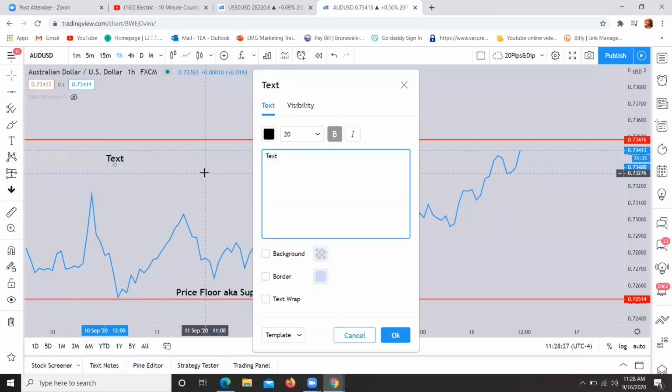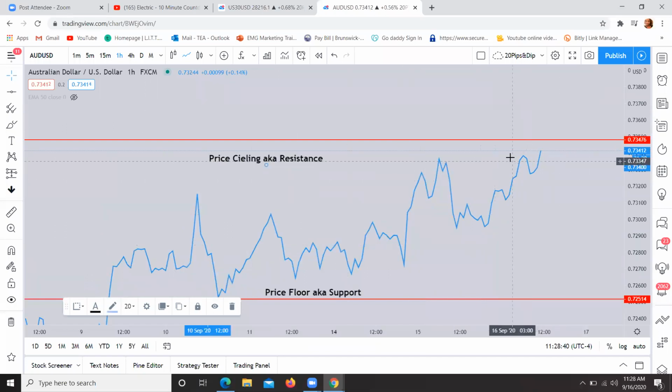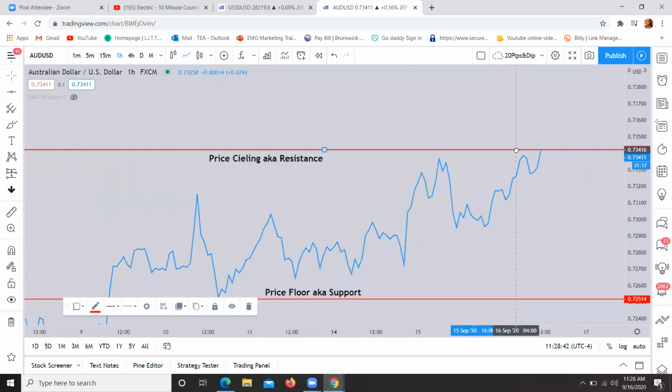Resistance is going to be represented as a price ceiling, AKA resistance. What part did price come up to but did not push through? That is resistance.